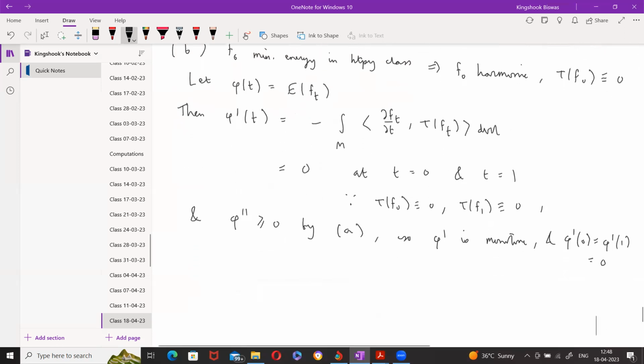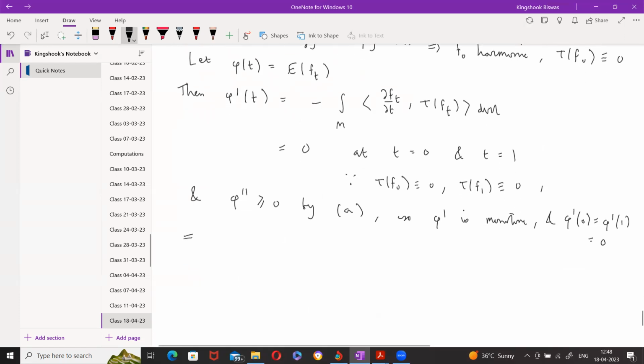Since phi prime is monotone and takes the same value at 0 and 1, phi prime is constant. If a monotone function takes the same value at two points, then it's constant in the interval between them.